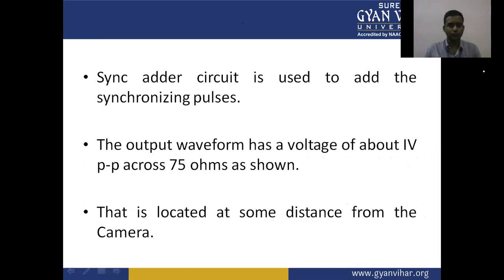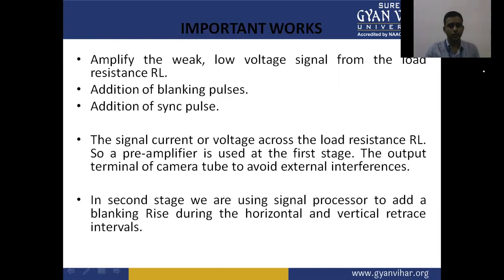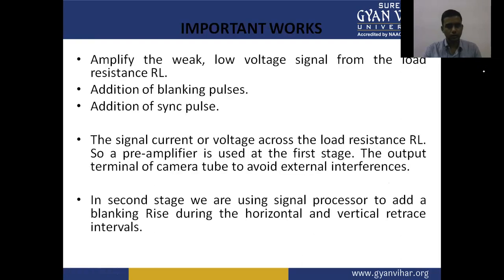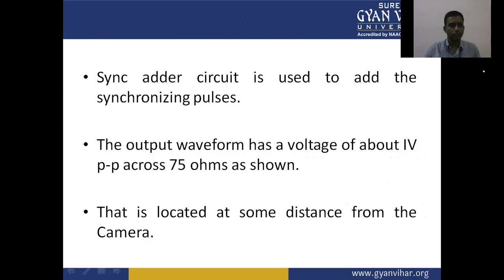The output waveform has a voltage of about 1 V peak to peak across 75 ohms, as shown. That is shown in the figure, 75%. That may be located at some distance from the camera.